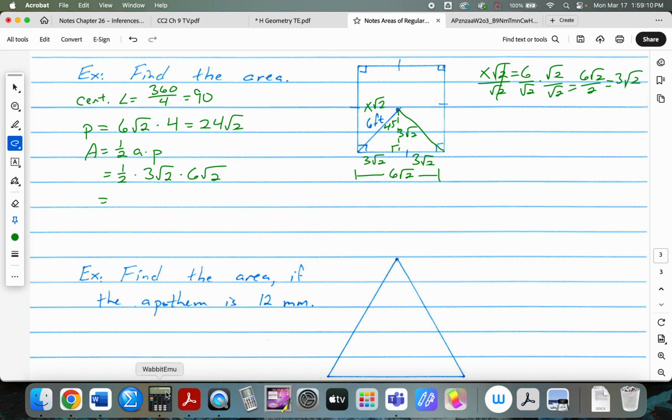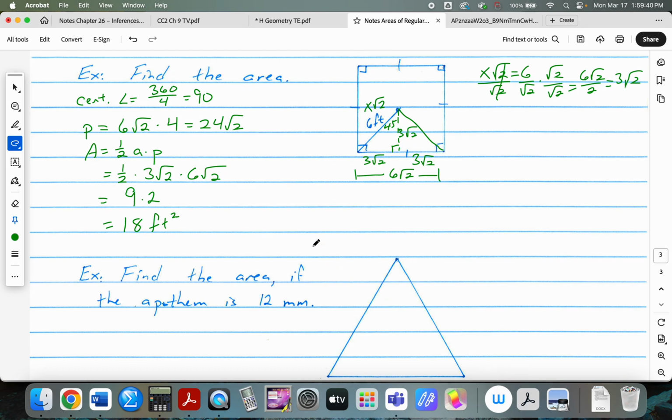Again, on your calculator, we're going to multiply half times 3 times 6. Maybe you can do that in your head. Half of 6 is 3, times 3 is 9. And what's the square root of 2 times the square root of 2? 2. Thank you. So this is 18 square feet. I thought the perimeter was like 24 square feet.